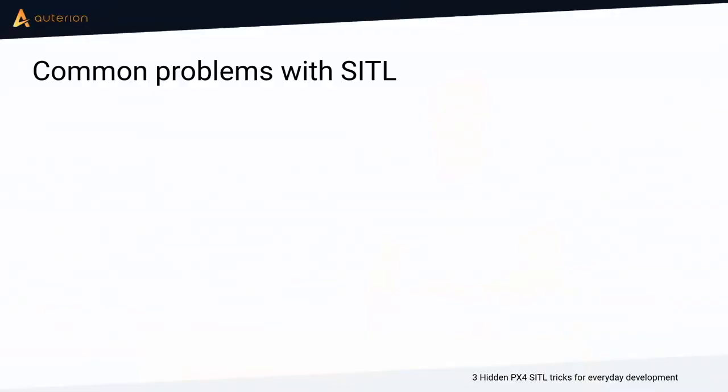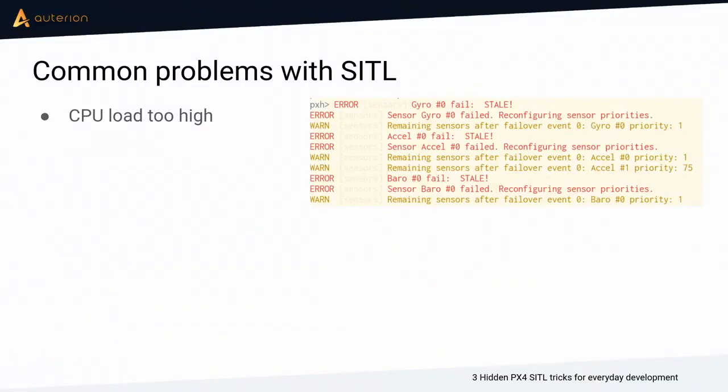So common problems we've seen with SITL in the last years were the CPU load being too high. Let's say you also do some 3D simulation next to it, or you have your browser open and it does some things. And suddenly you have either PX4 missing samples or you have Gazebo missing samples, and they're out of sync or struggle to keep up.